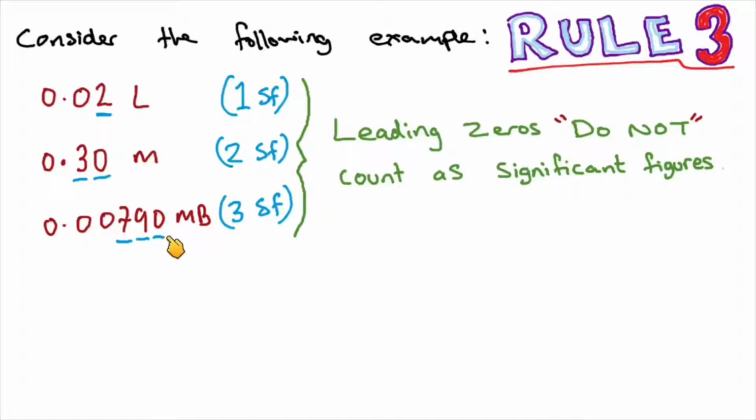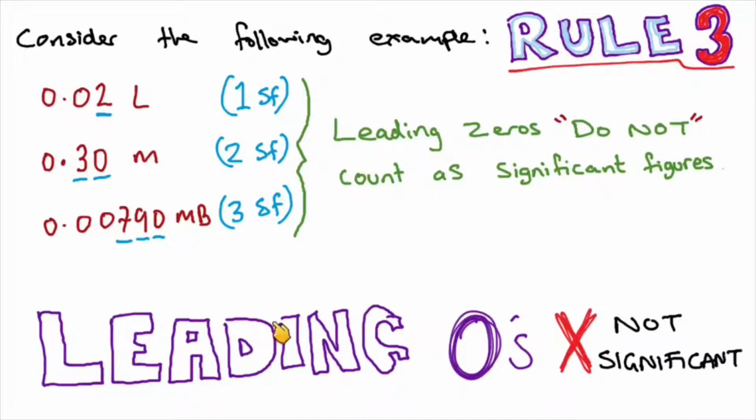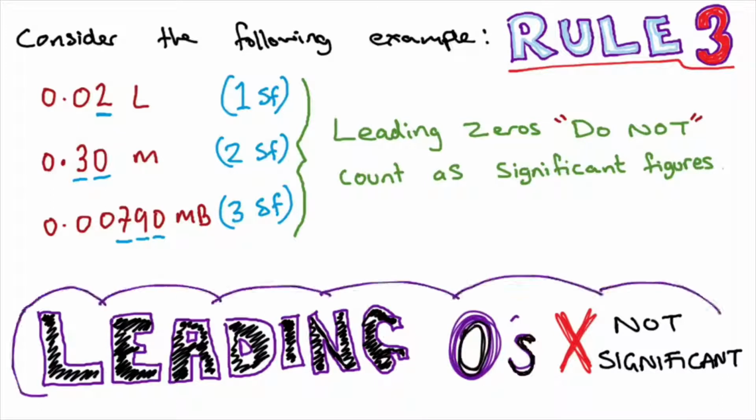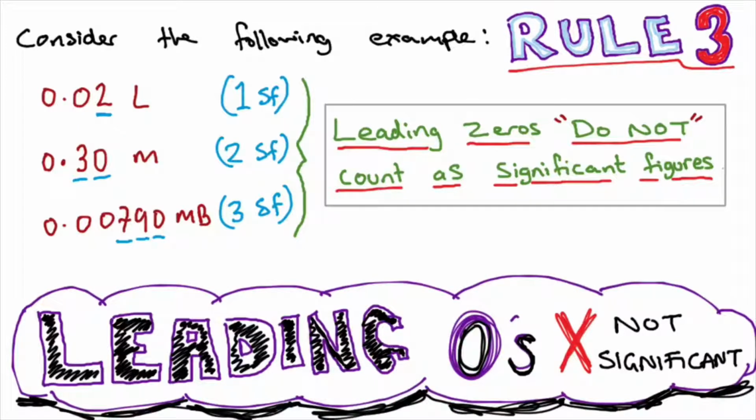You may be looking at this 0 and this 0 and thinking, well, why do these count? Go back to rule number 1 and you'd find that if you have a decimal, then all trailing zeros count. So to recap, rule number 3, leading zeros do not count, are not significant.